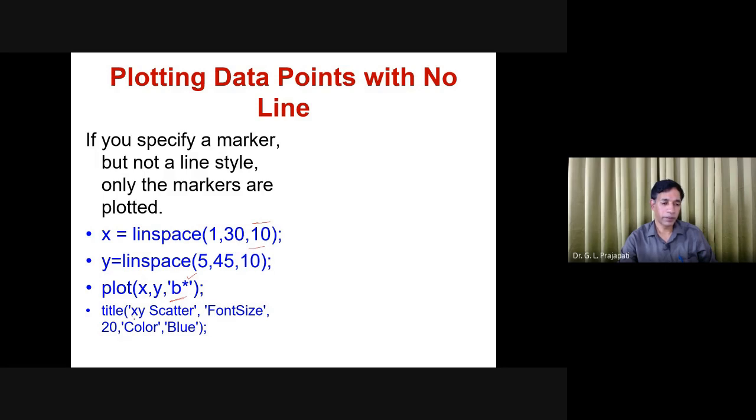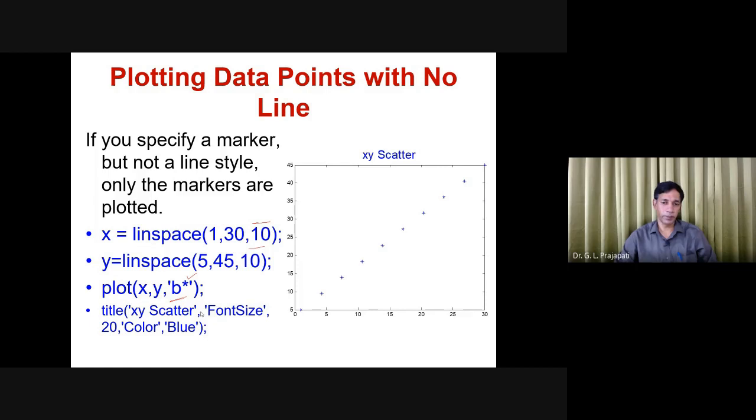Then you can give the title, like xy scatter, with font size 20 and color blue, so you will see a blue title. Once you execute this, you get a graph like this. This is the title, and these are the points.